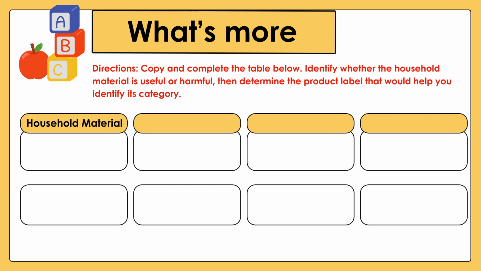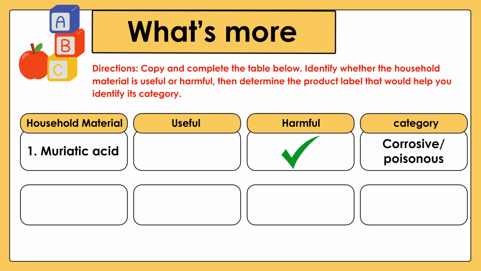First is household material, useful or harmful, and then its category. Now, let's start with the first one, muriatic acid. Is it useful or harmful? The answer is harmful. The category of muriatic acid is corrosive or poisonous.